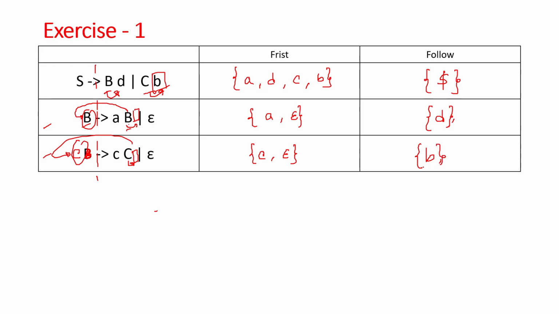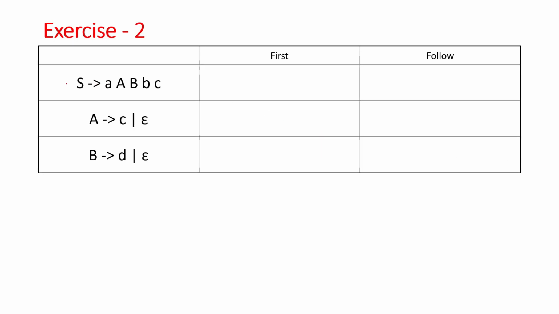Let's do another exercise of it. Here I have again given three different grammars. We're going to solve this one. In the previous problem, we said that for simplicity, we're going to solve the grammars which have terminals in their first position. I can see here that A and B have terminals in their first positions, but S is a little complex because it has non-terminals also.